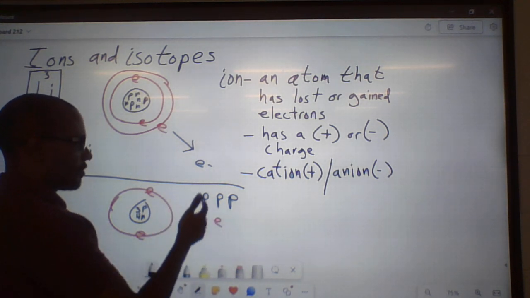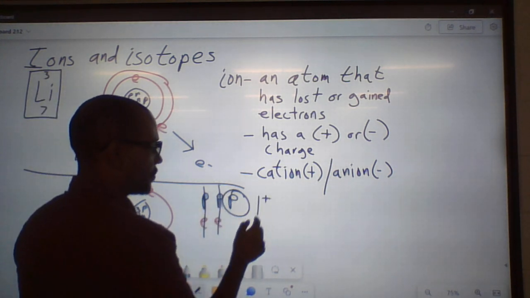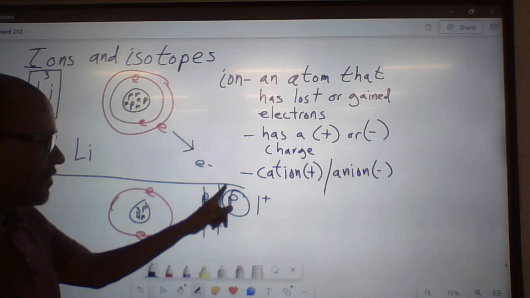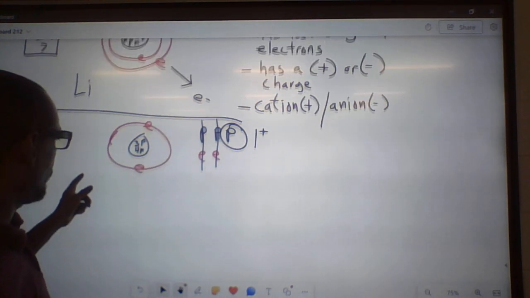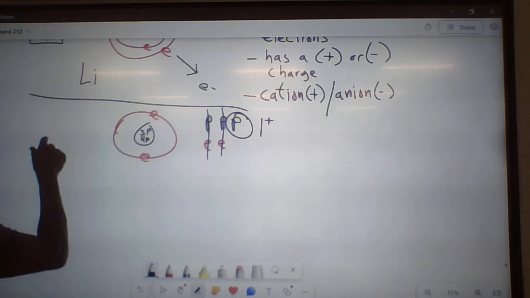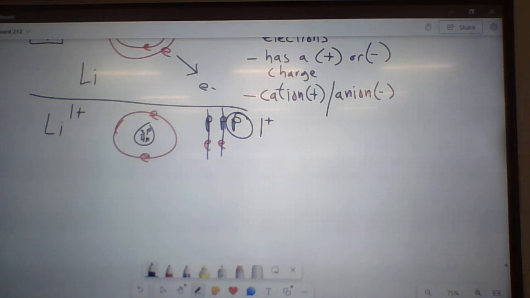So these 2 are going to cancel, and I'll be left with a 1 positive charge. I have no electron left to cancel that one out. So this is a cation. The way that we would write that is Li with a 1 plus.